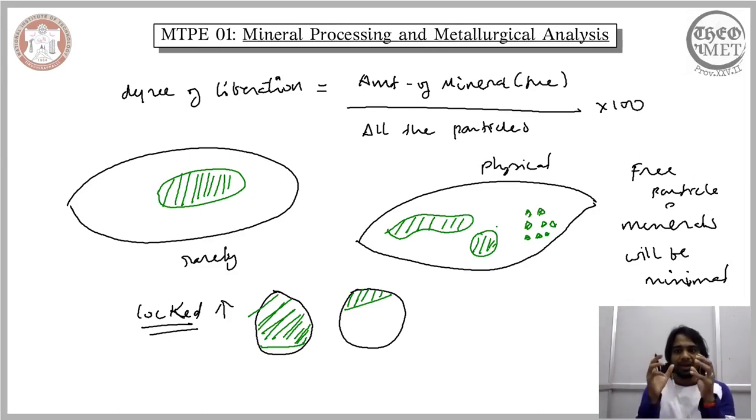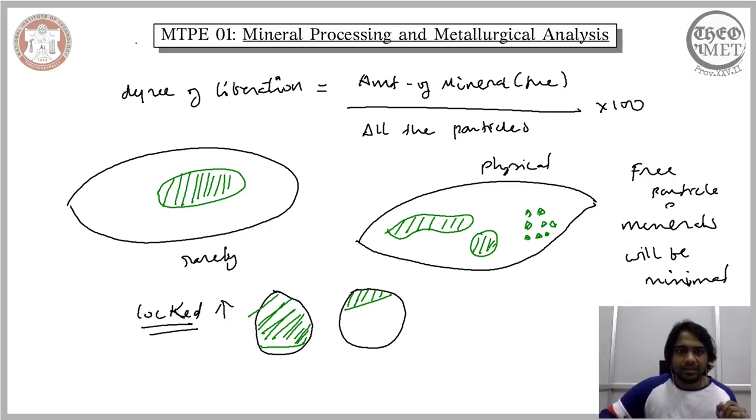So what you will largely get is locked particles, and even the locked particles will be of different types. One type will have a noticeable amount of the mineral associated with it. The opposite form of this locked particle is one with a very small fraction of the mineral associated with it.